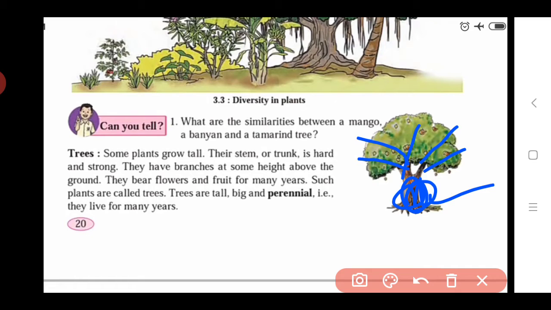How can we define the tree? Trees are tall, big and perennial, that is, they live for many years. Perennial means the plants can survive for many years, and each year they acquire flowers and fruits on their branches. Such plants we call trees.